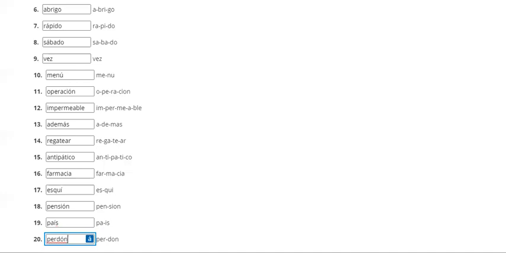Now, this one we're making plural. Perdones, mil perdones, right? Perdones, this word ends with an S. The stress is still on that same syllable right here, and that would follow the rules, so there would be no need for an accent mark here. But we are still singular in our exercise, so we'll change it back.